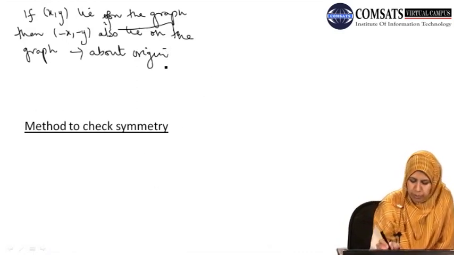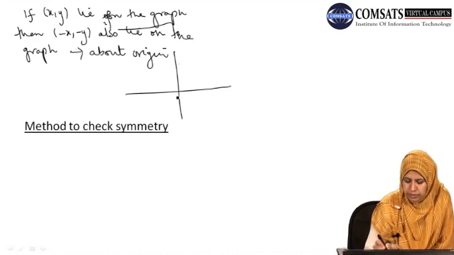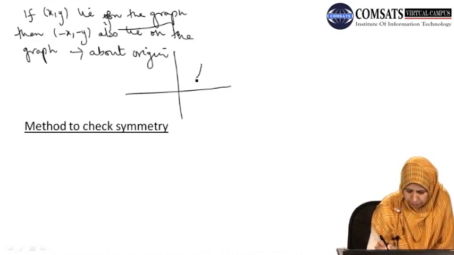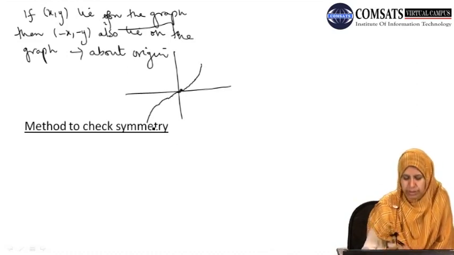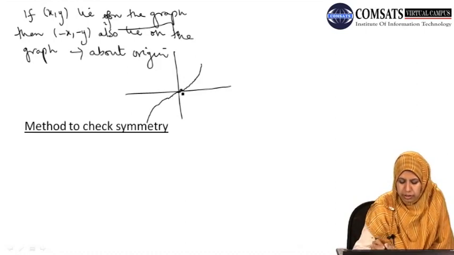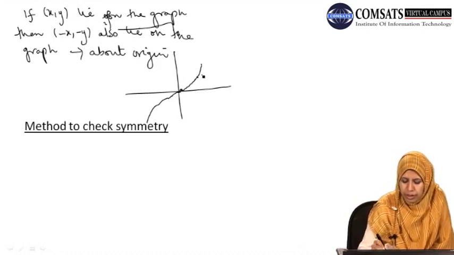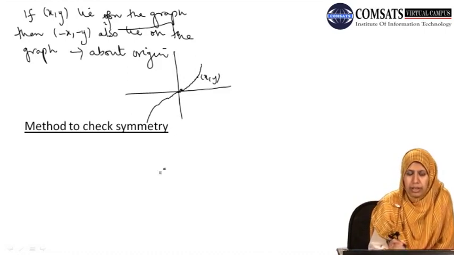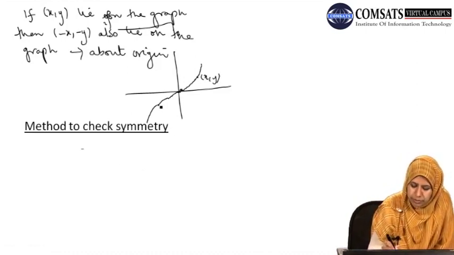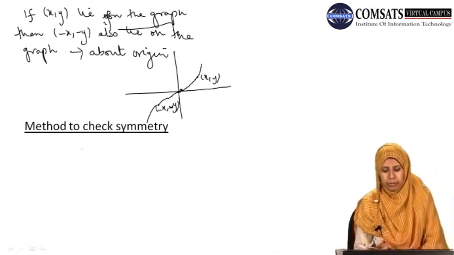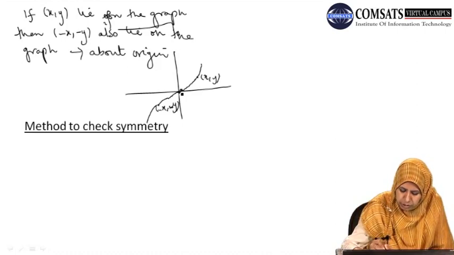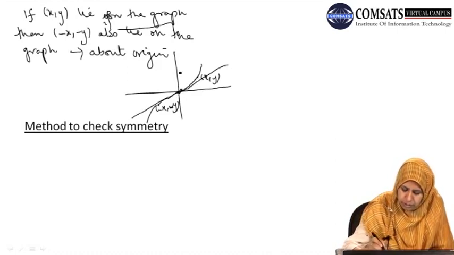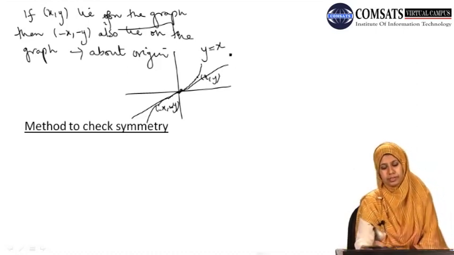And what do we mean by this? Let's say we have our graph like this, then if there is a point (x, y) on the graph and there is also a point (-x, -y) on the graph, then the graph will be symmetric about the origin. In particular, the graph is symmetric about this line y = x.